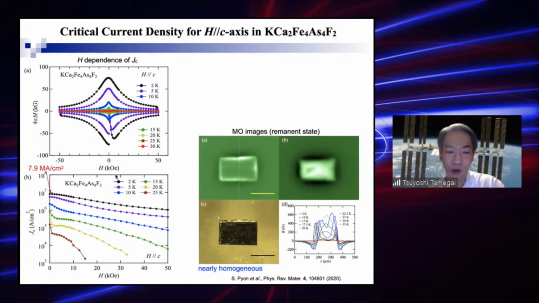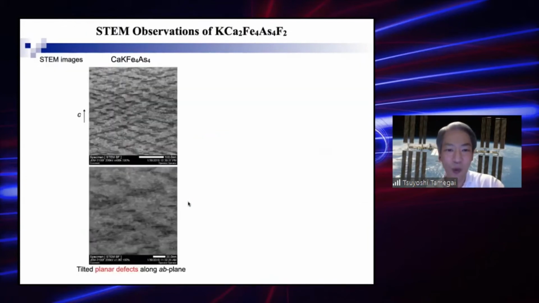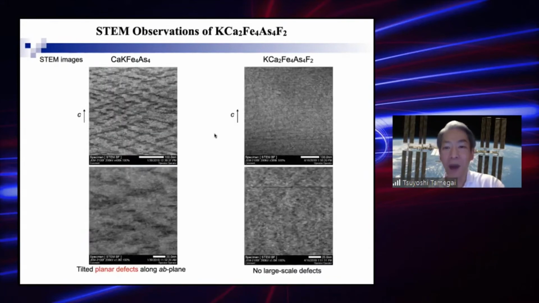And of course, we speculated something strange could be happening in the sample, but our magneto-optical imaging once again shows the sample is very homogeneous, except for this small flux here. But then, what could be the origin? This is, as I showed you, the defect structure in 1144.